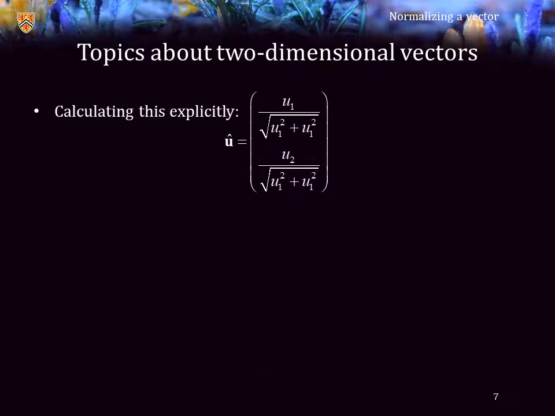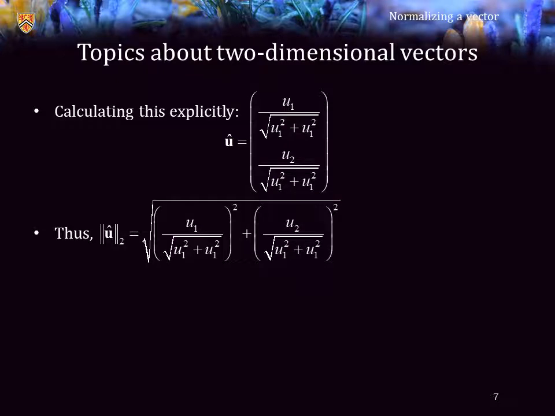Let's calculate this explicitly. So here we have multiplied the vector u by the reciprocal of the two norm. So let's calculate the two norm of u cap. Well, the two norm of u cap is the square root of the sum of the squares of the two entries. Well, wait a second.